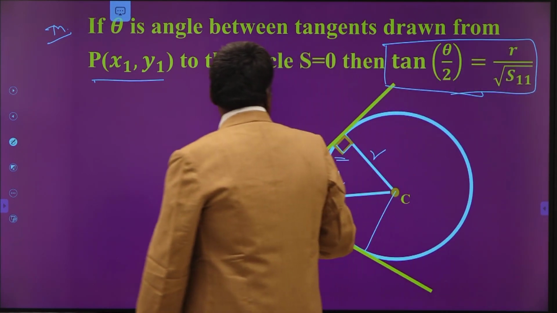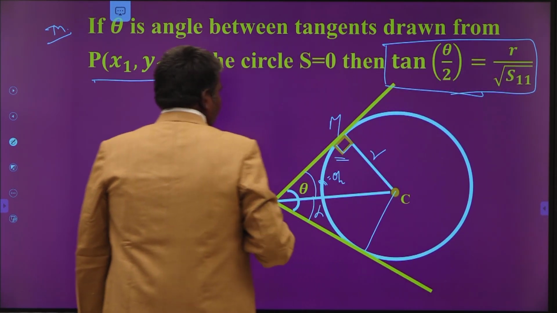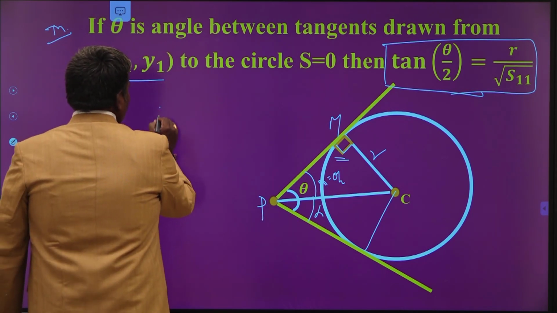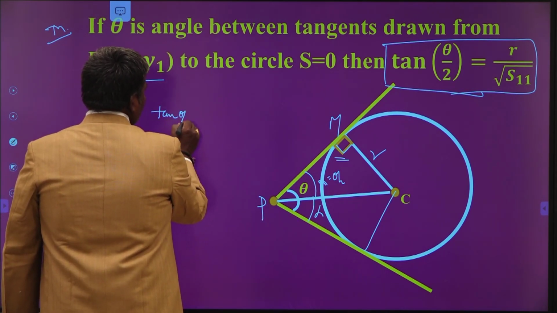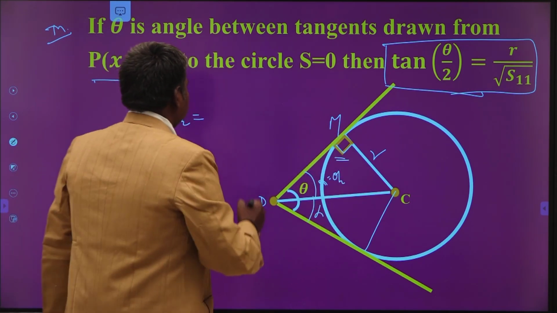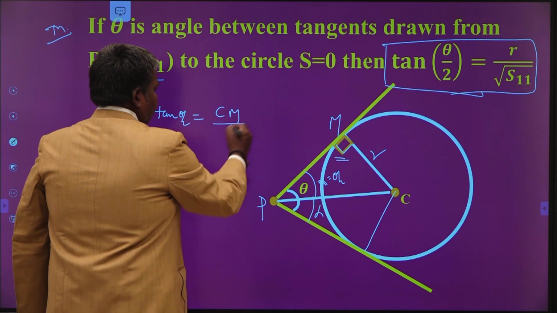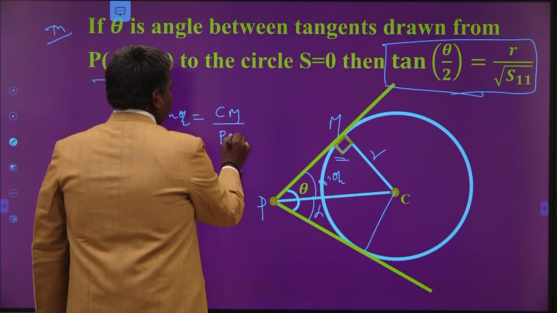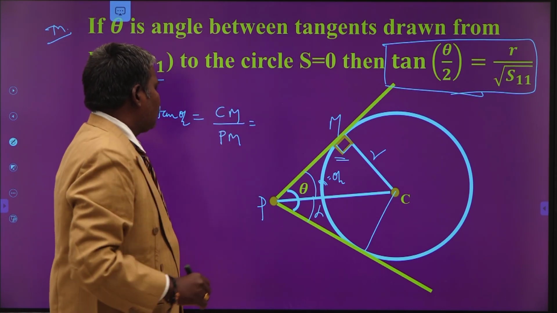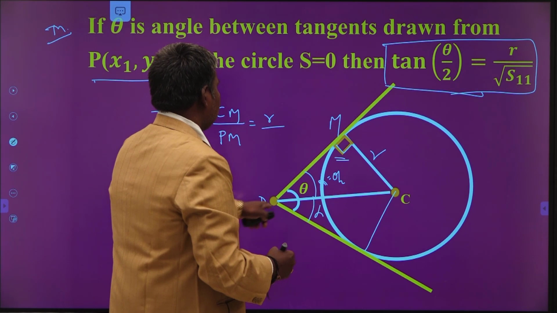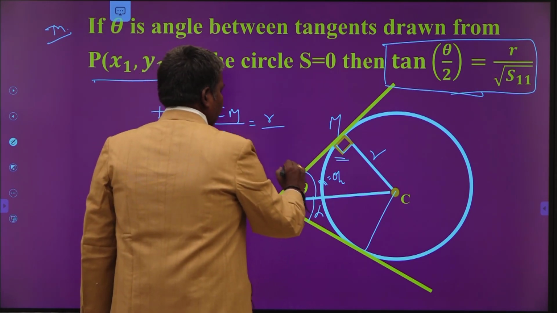From this right angle triangle, suppose this is M. From this right angle triangle, tan(theta/2) is what now? Tan(theta/2) is equal to opposite side by adjacent side. What is your opposite side? CM. By what is your adjacent side? PM. CM by PM. What is your CM? R, the radius. What is your PM? This is nothing but the length of tangent from P to the circle.